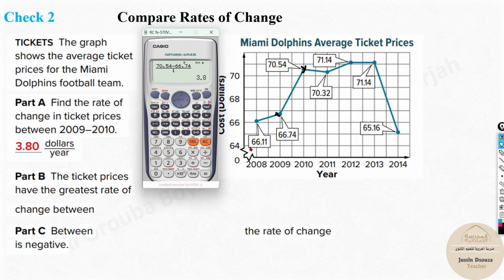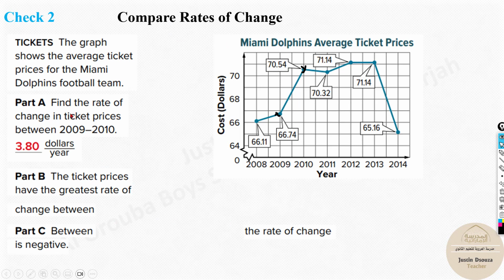Now starting 2008 to 2009, it was increasing by 3.8, and over here the part B, they have asked the ticket prices have the greatest rate of change between dash and dash. That is, when do they have the greatest hike or highest increase? That is over here itself, I believe.